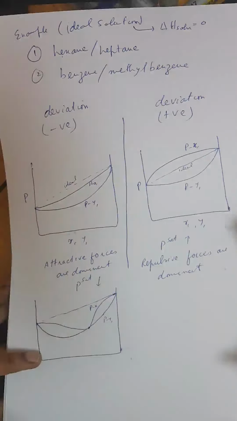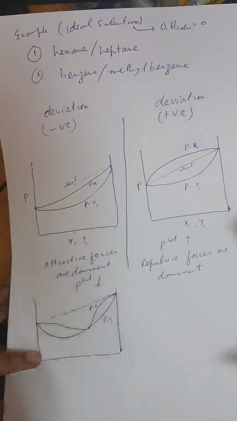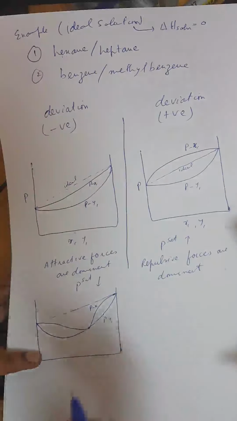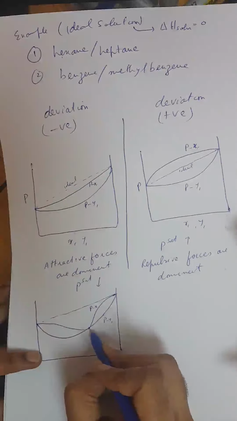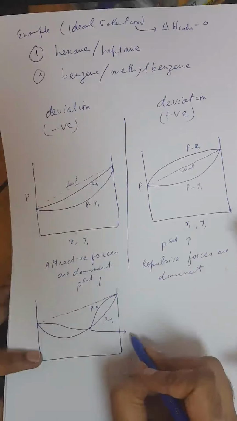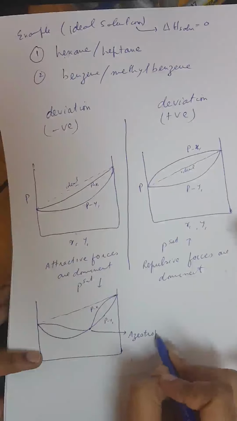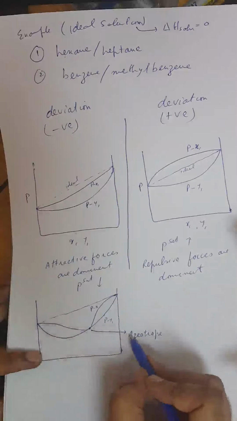We don't know yet. In the next, maybe after 2 lectures, we will talk about it in detail. But the book has introduced this point over here, so we need to talk about it. This point is called azeotrope.